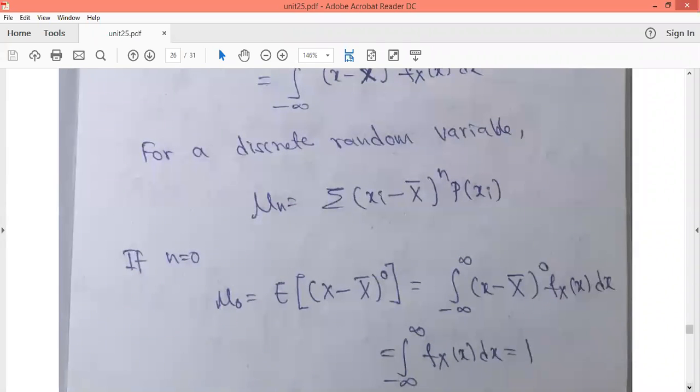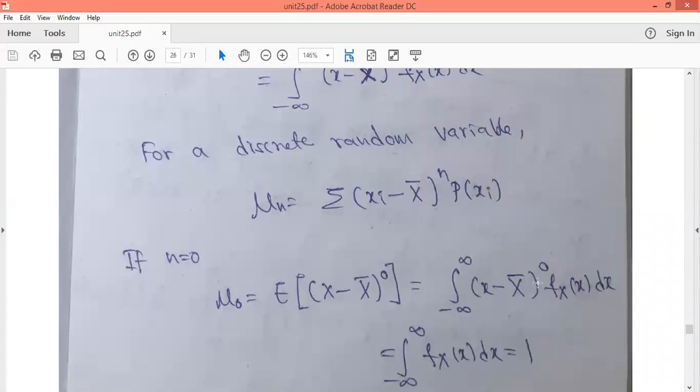Now if n is equal to 0, we get the 0th central moment. So mu naught is equal to the expected value of (x minus x bar) to the power 0, which is the integral from minus infinity to plus infinity of (x minus x bar) to the power 0 times f_X of x dx. Since (x minus x bar) to the power 0 is 1, we are left with the integral of f_X of x dx, which is equal to 1.